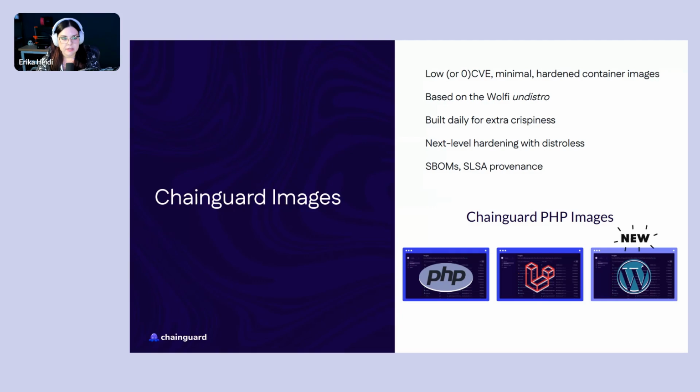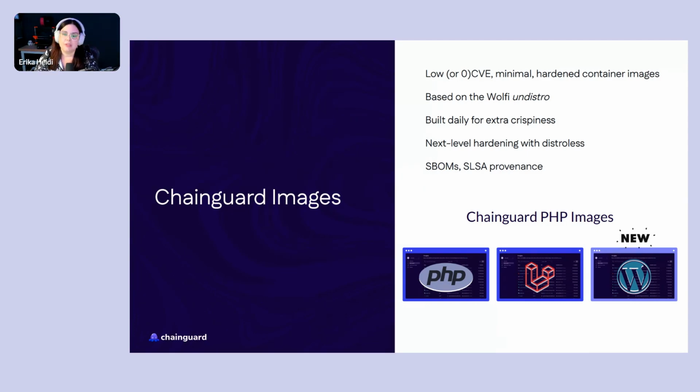It doesn't have all that stuff that a regular distribution has. And we have daily builds for packages, so the packages are always updated with the latest patches available. There's a lot of automation used to keep these packages up to date. And our team of engineers, of course, are always working to have these CVEs fixed and patches applied.